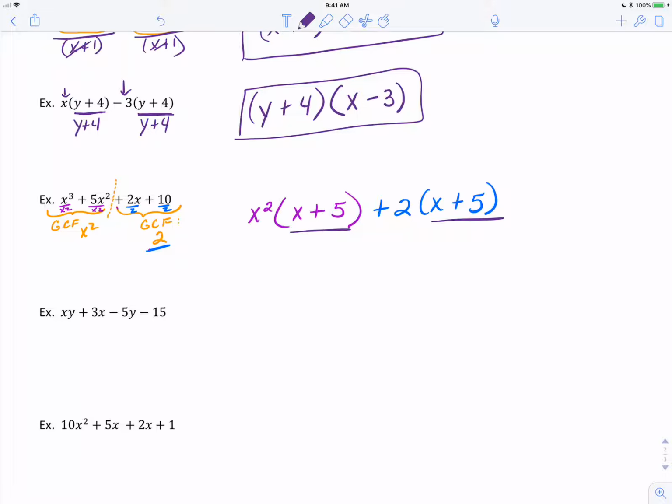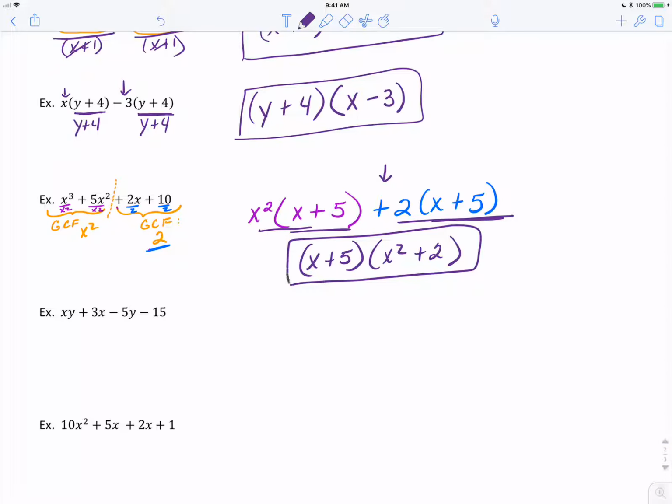You see, this is not in product form yet because of this plus sign here. So we want to take out the x plus 5. And what are we left with? If we divide this term by the x plus 5, we're left with the x squared. If we divide this term by the x plus 5, we're left with that plus 2. So now it's in product form, and we consider that as factored.